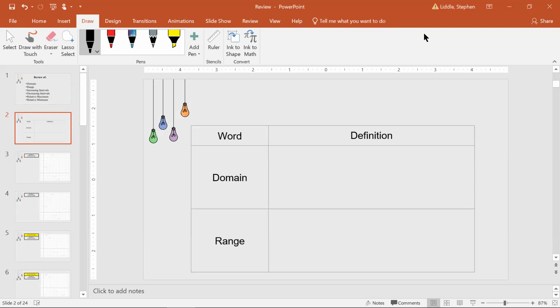So first, we're going to talk about domain. Again, this is a review, so some of y'all might already have notes pre-written down, and that's fine. We're going to write general vocabulary about each. So for first domain, we have the set of all possible inputs.